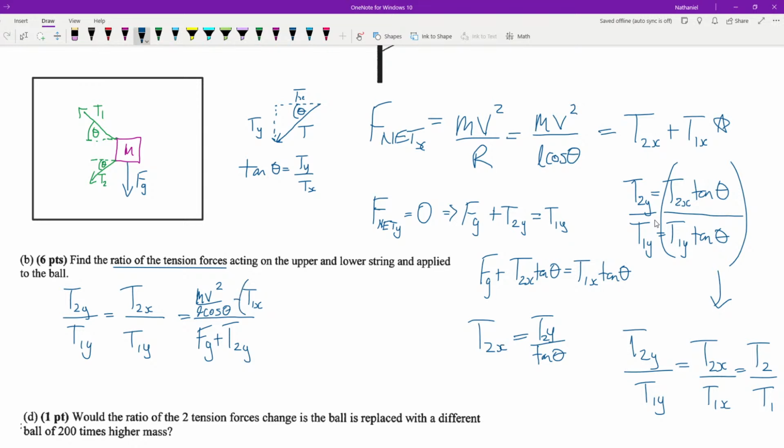So T1x, we can kind of use this, which was T1y, and we end up seeing that over tan theta.